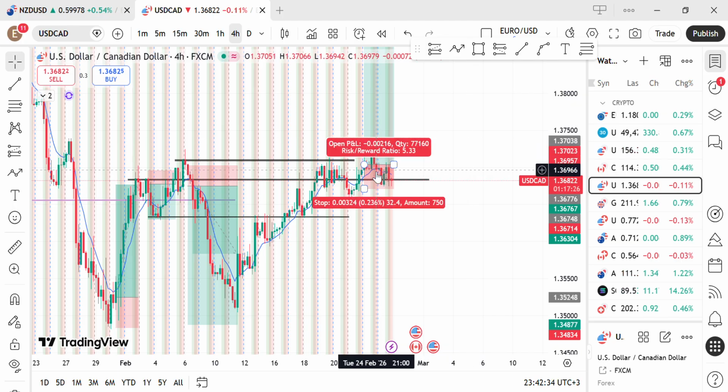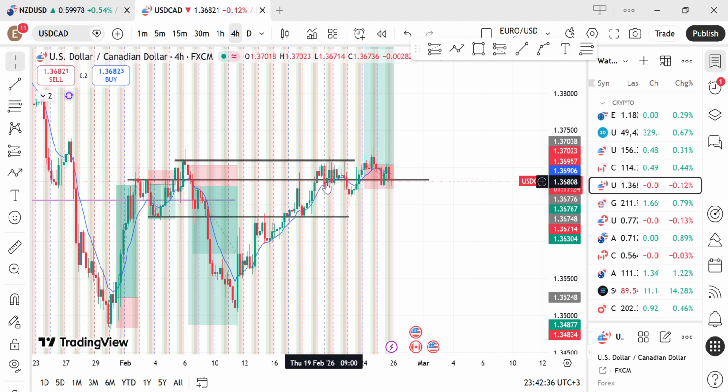Where should I have entered this? At least even from here, because in an uptrend you have to mark your higher high.